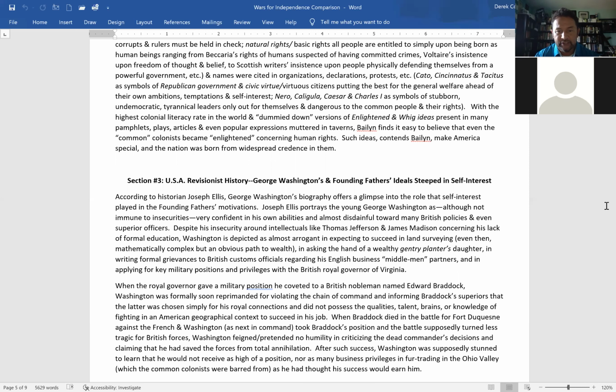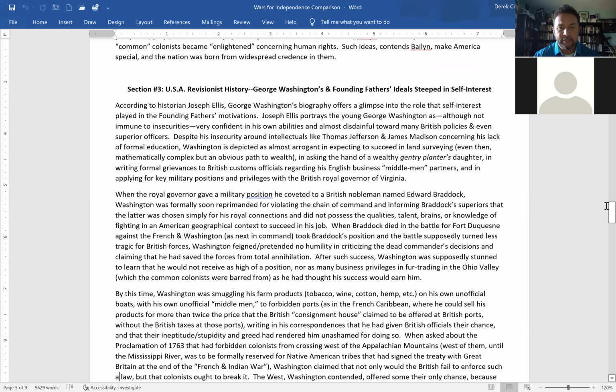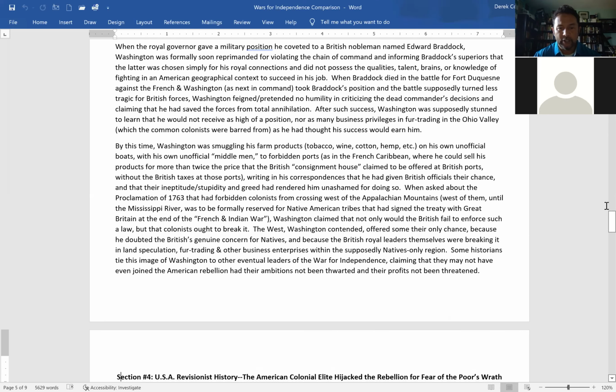Had George Washington been given Braddock's position in the French and Indian War, had he been able to run his farm without a counting house from England taking the lion's share of his profits and dictating the terms of his trade, would he possibly have been a Tory and stayed loyal to the English? Was it just personal grievances that led him to become a rebel leader? So it's something to think about coming out of this biography of George Washington.